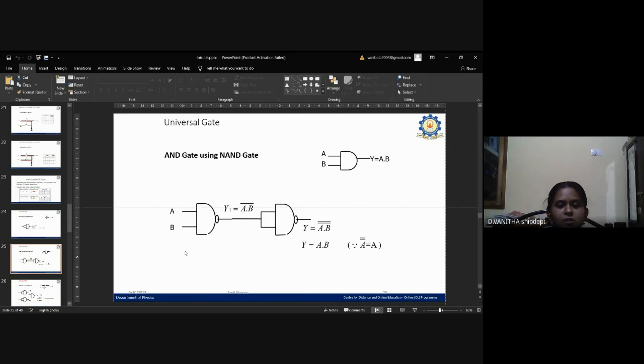The second NAND gate is taken after the first one. Its inputs are combined, and the output of the first NAND gate is taken as the input of the second NAND gate, and the output is taken from the second NAND gate. So we get the output y equal to a dot b. This will be the output of the AND gate.